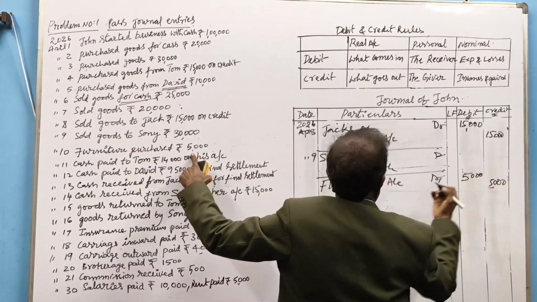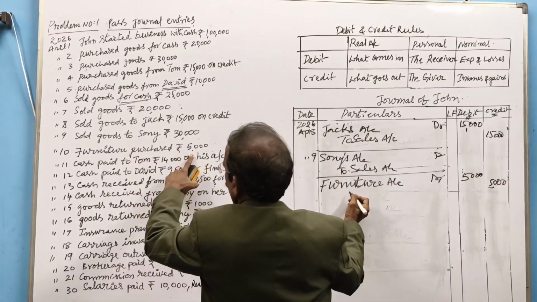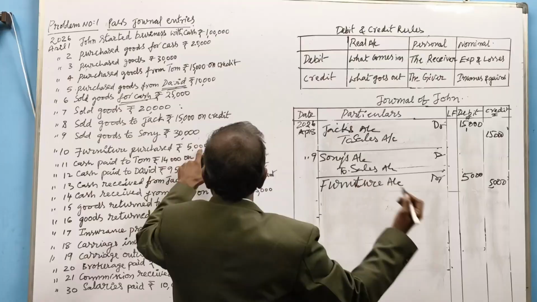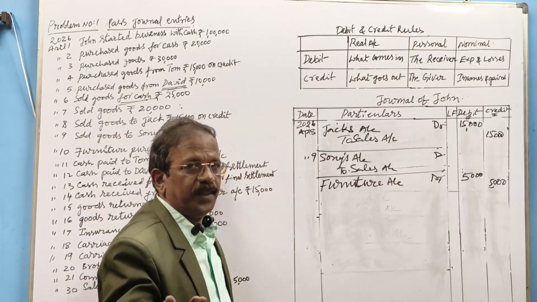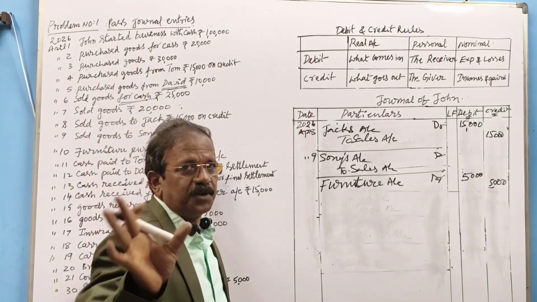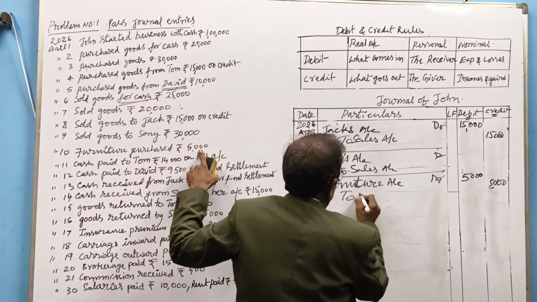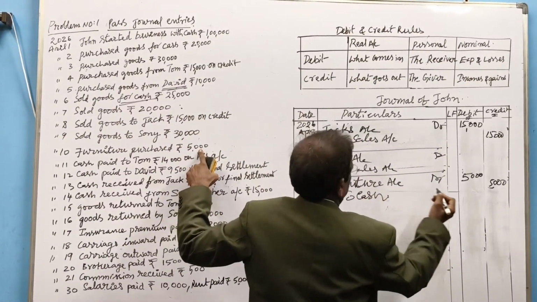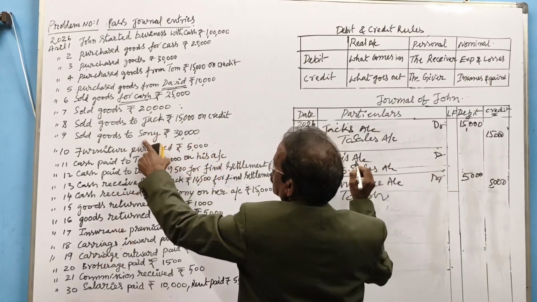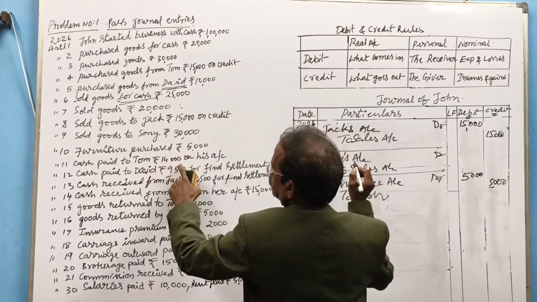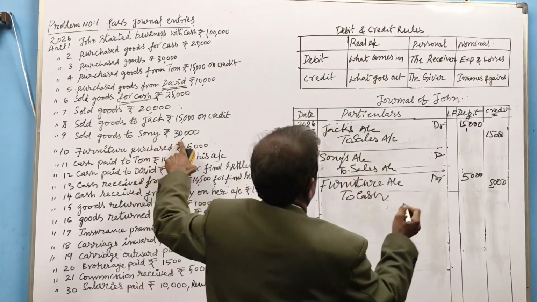To, what is going out? Will the furniture come free of cost? No. We have to pay cash. Cash is going out. To cash 5,000. Sony's transaction 30,000.